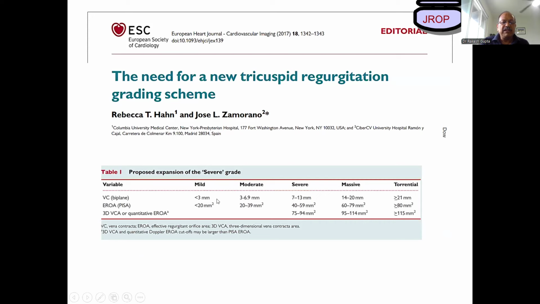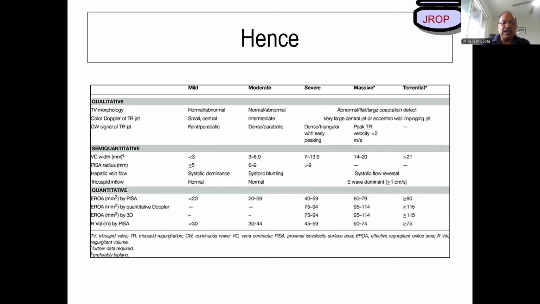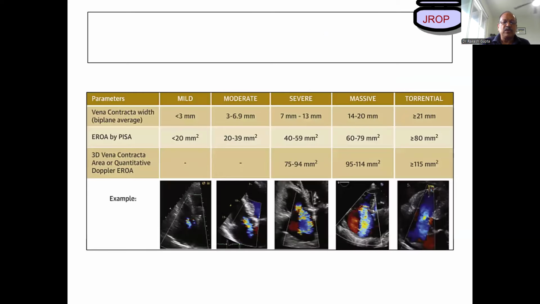At your level, if I happen to see a tricuspid regurgitation and I measure only my TR jet vena contracta, less than 3, 3 to 7, 7 to 14, 14 to 21, and more than 21, we are comfortable enough to talk about this kind of phenomenon.